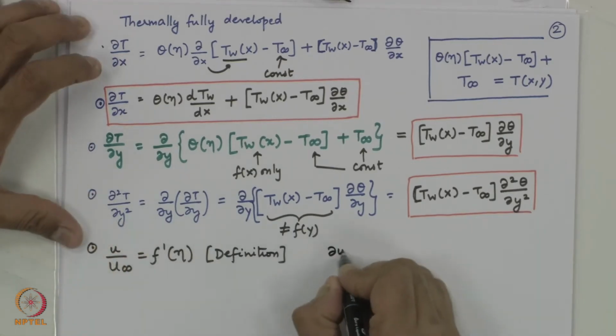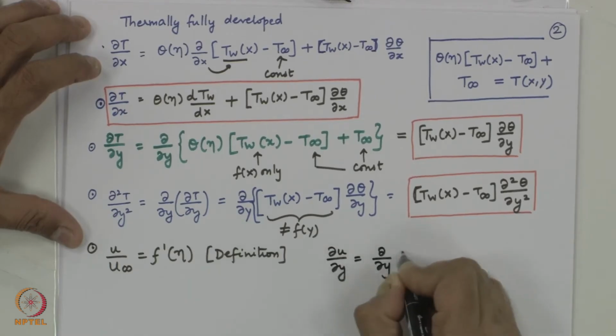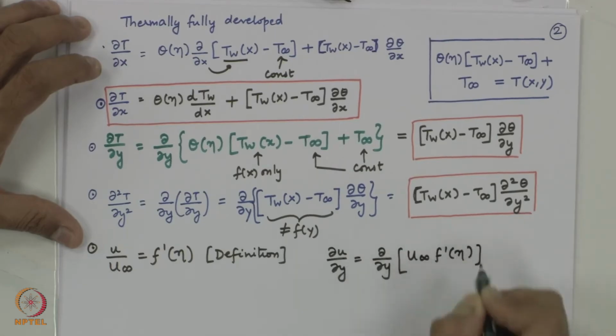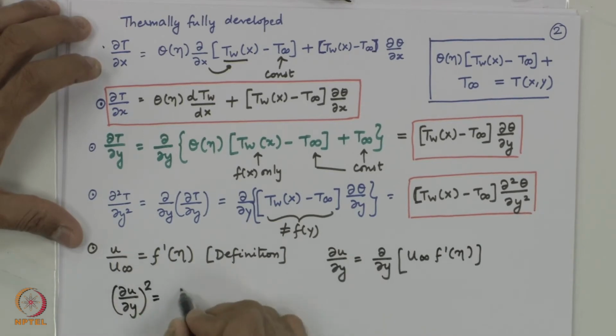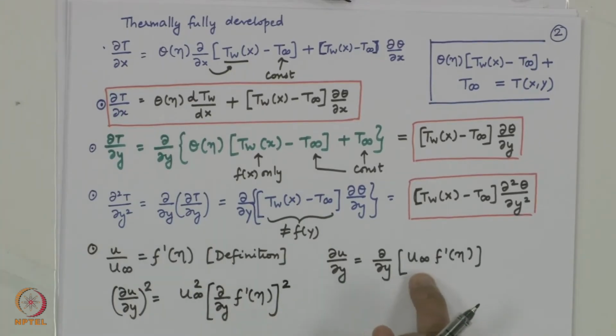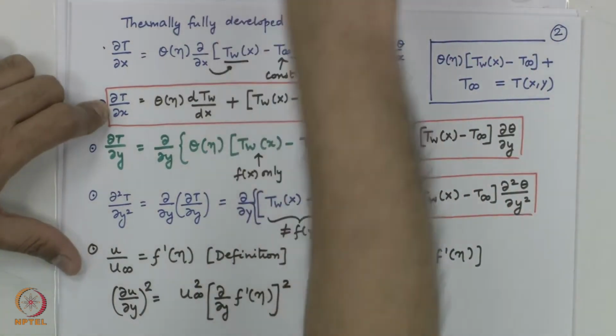So, du by dy is nothing but d by dy of u infinity f prime of eta. So, du by dy whole square is u infinity squared d by dy of f prime of eta whole square. Nothing, u infinity is a constant with respect to y. So, that comes out and I am left with this term.